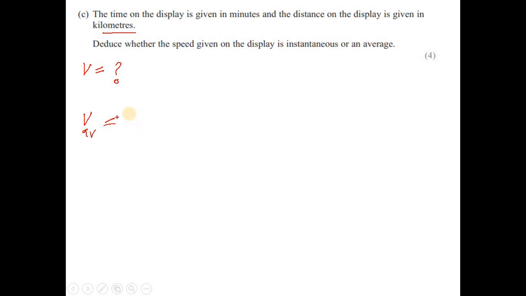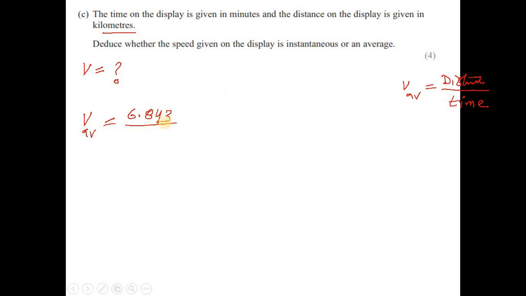So if you see this, the distance covered is 6.843 divided by time, because the formula for average velocity, V average, is distance traveled divided by time taken.